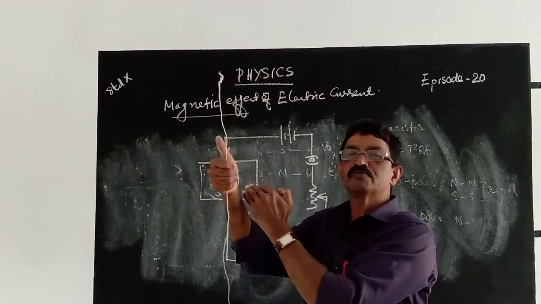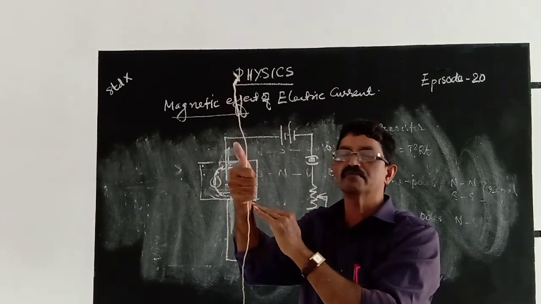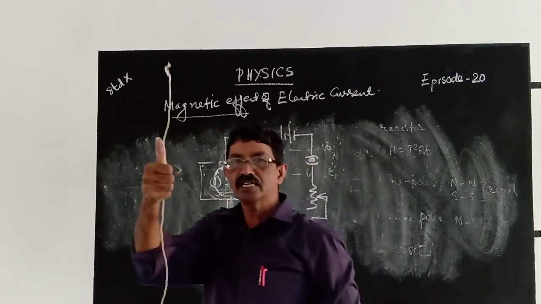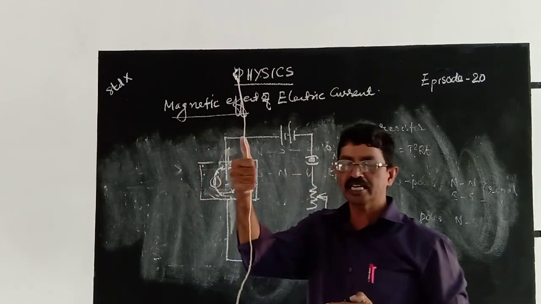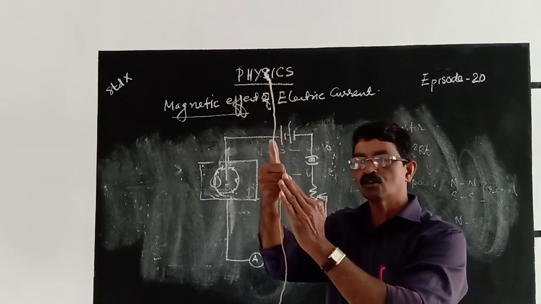This is the direction of the magnetic field. So, the direction of the magnetic field produced here, we can find by using Fleming's right hand rule.